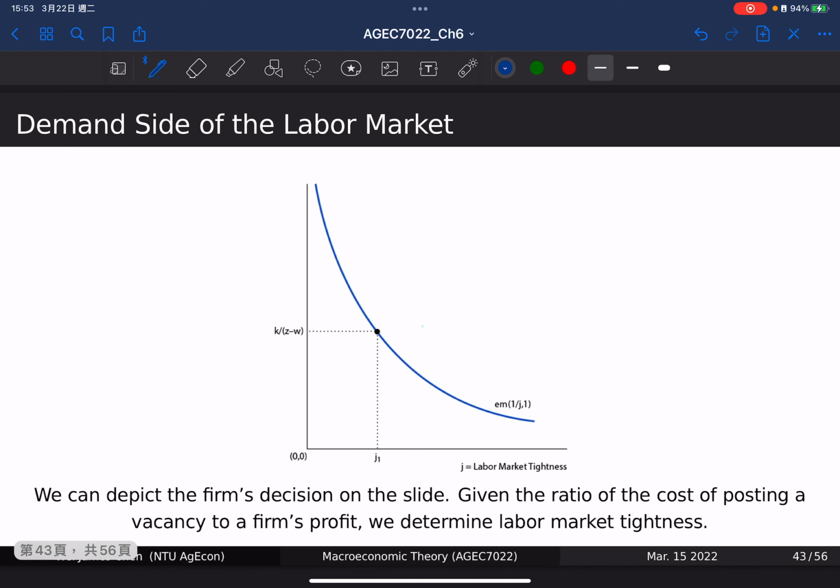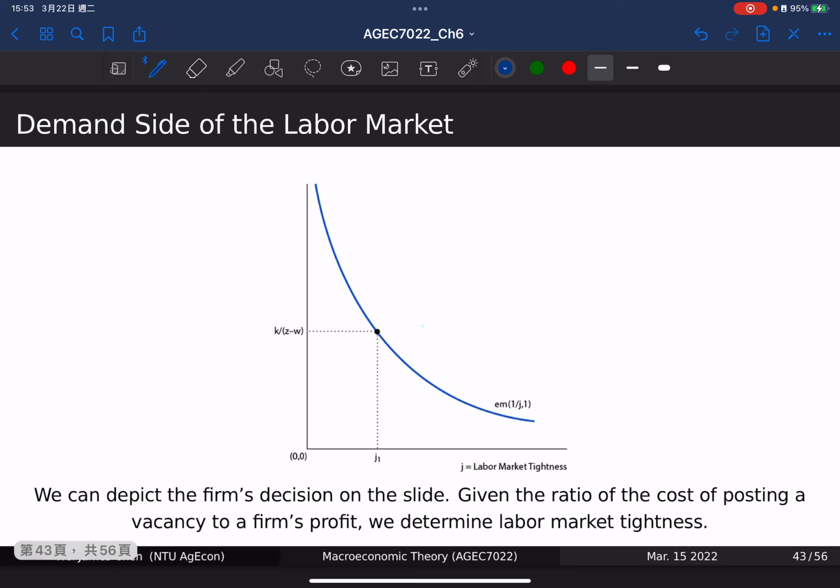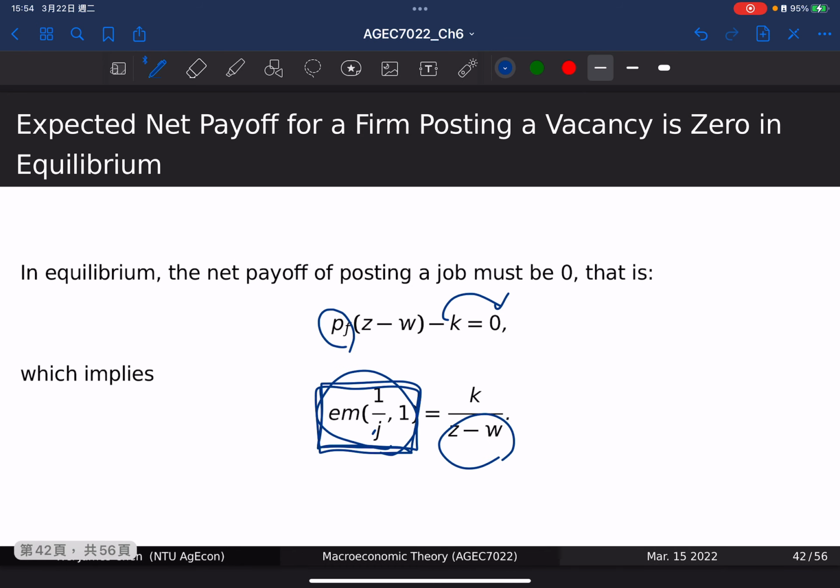Okay, so basically this is a function of J, right? Here, I write something a little bit different. What I write here is the labor market tightness, J. This is J. And here, I write K divided by Z minus W. And the relationship between these two things is basically this function.